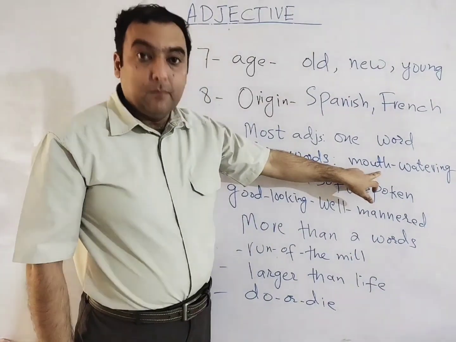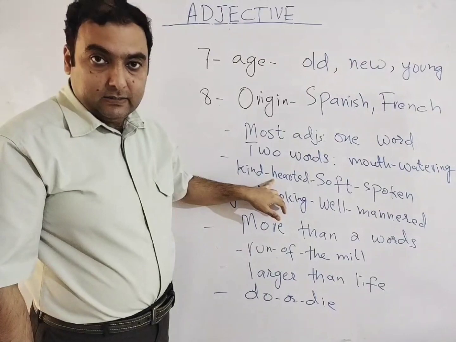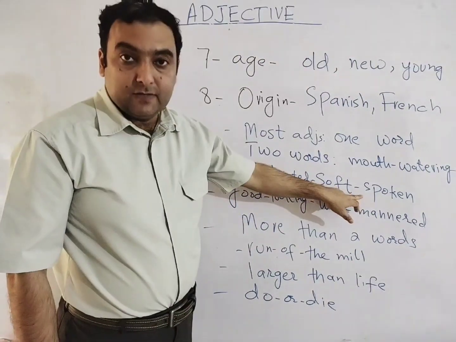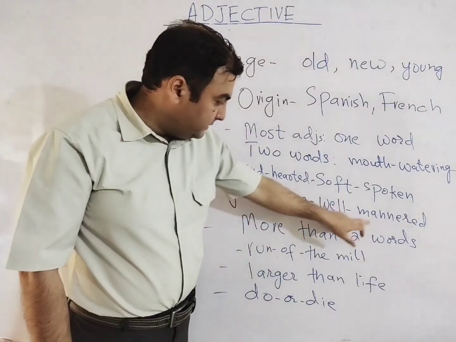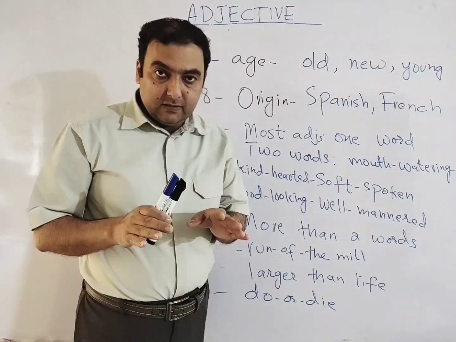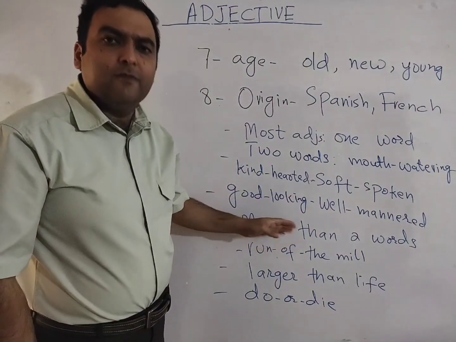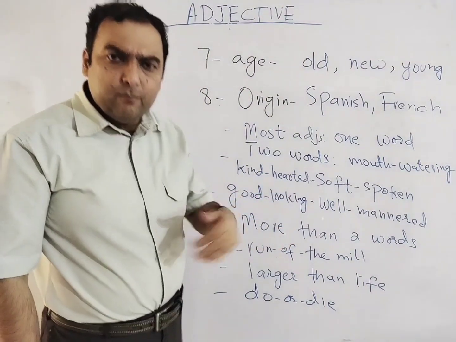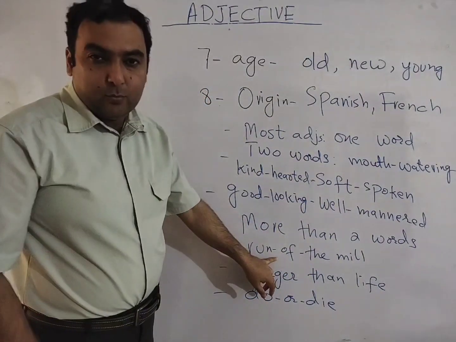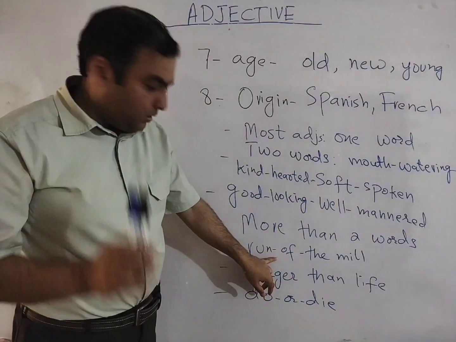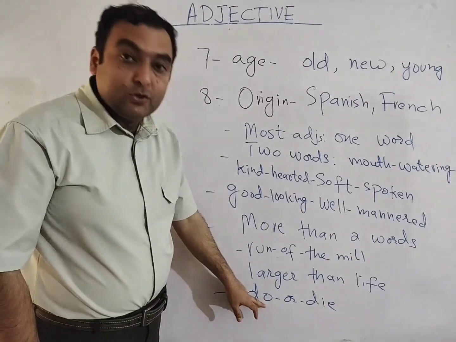For example, mouth-watering, kind-hearted, soft-spoken, good-looking, well-mannered. There are a few adjectives which have more than 2 words. For example, run-of-the-mill, which means ordinary, normal, larger than life, and do or die.